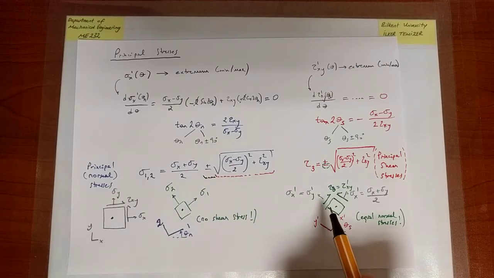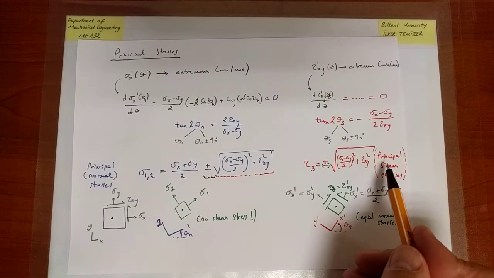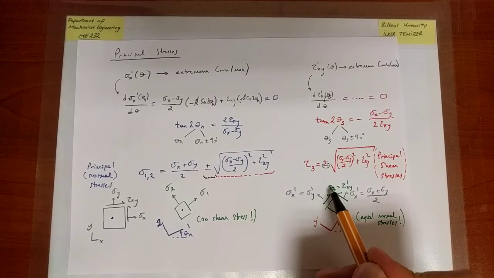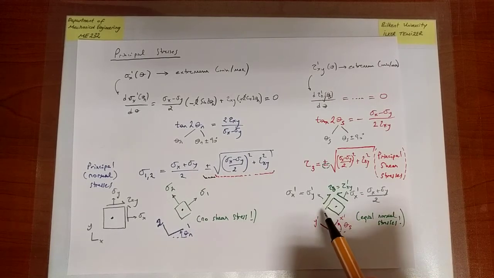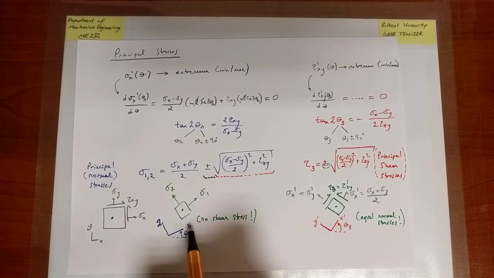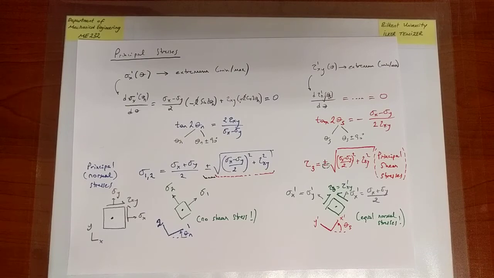Okay, and on the plane that is associated with principal shear stresses, the shear stress takes a maximum value, and eventually the normal stresses are the same as each other. Okay. So those are two observations that we can keep in mind. In particular, this one is going to be very important.